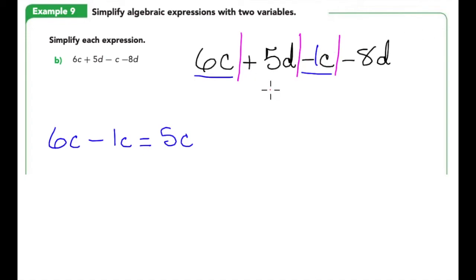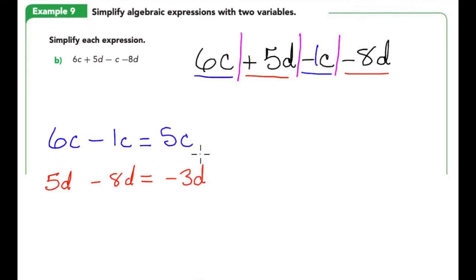For the next pair of like terms, we have a positive 5d and a negative 8d. So I have 5d and a negative 8d. And when we combine those, if I have 5 positives and 8 negatives, that leaves us with 3 negatives. So I'm left with a negative 3d.